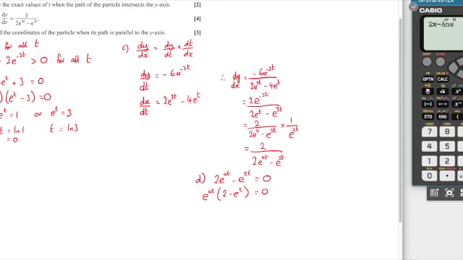And then e to the 4t is never 0. So e to the 4t is greater than 0, but 2 minus e to the t can be 0. So 2 is equal to e to the t. So t is ln 2.